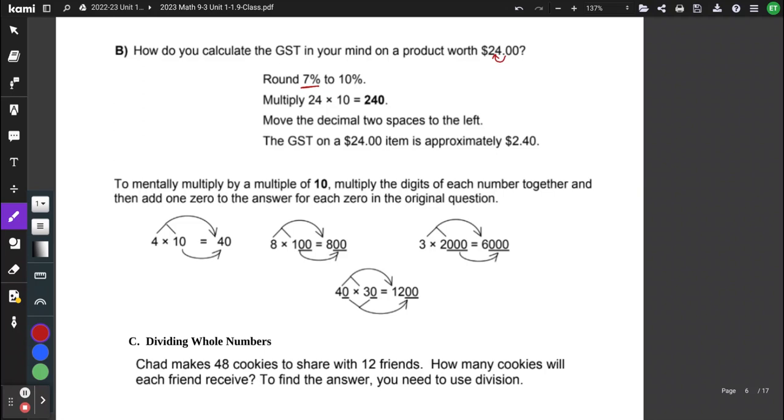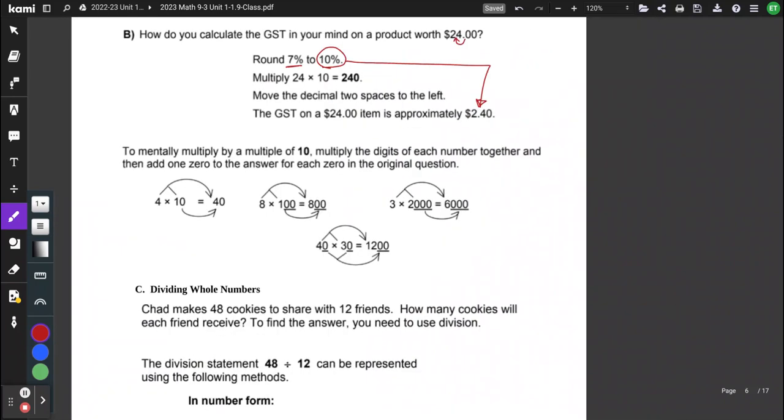So that means $2.40. So 10% is going to be approximately $2.40. You're going to move your decimal 1 to the left. Now, they actually rounded 24 to 240. Do we have to round it to that? No, we don't.